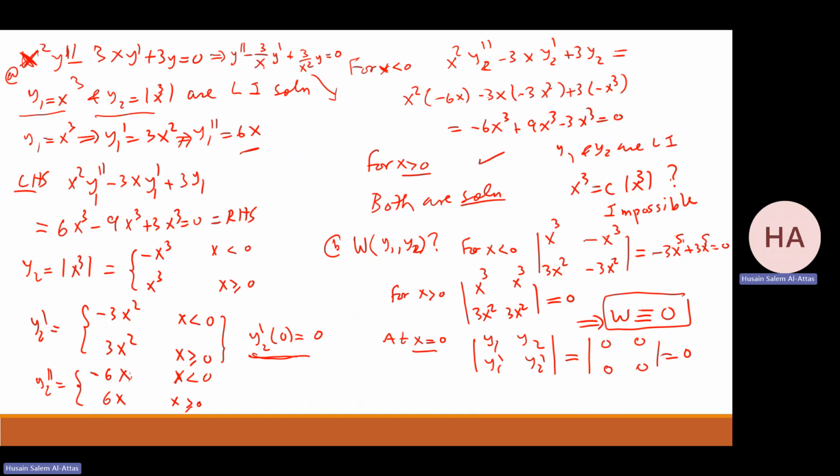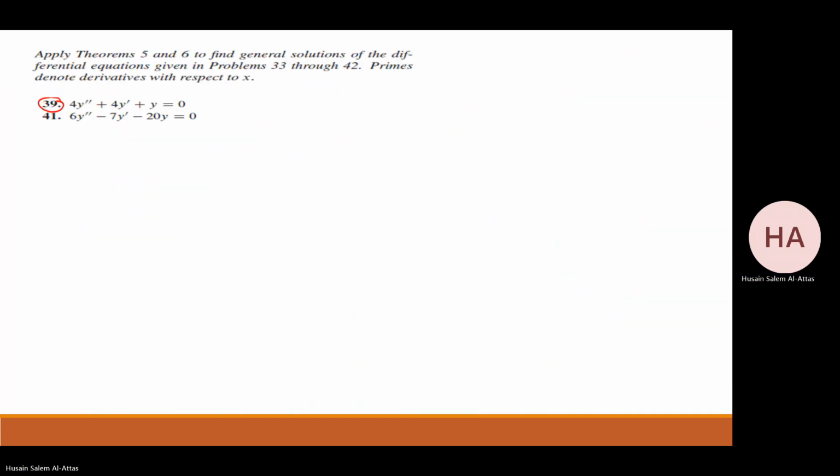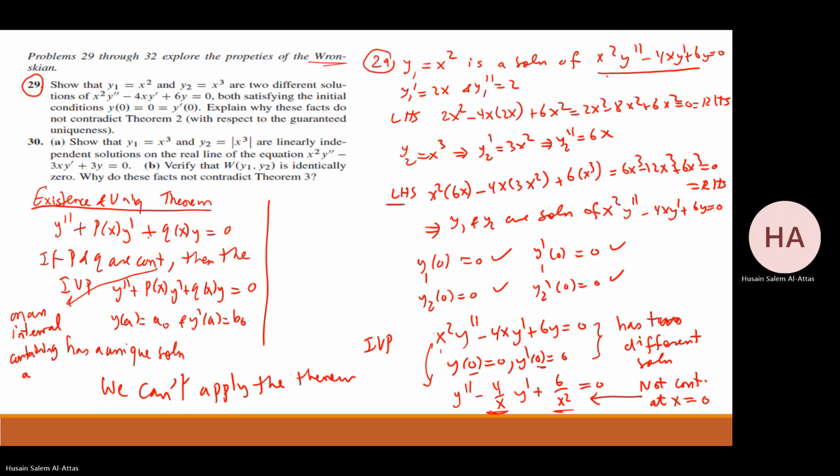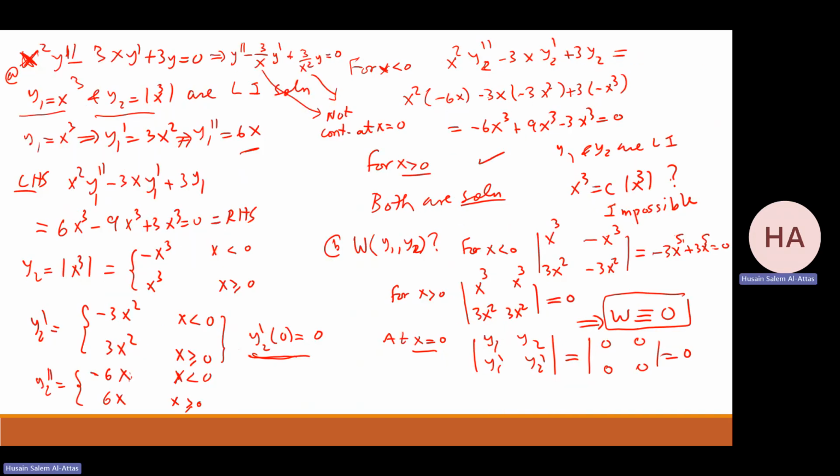From this and this, not continuous at x equals 0. So we cannot apply the theorem. So in the theorem, I need the functions to be continuous at a.